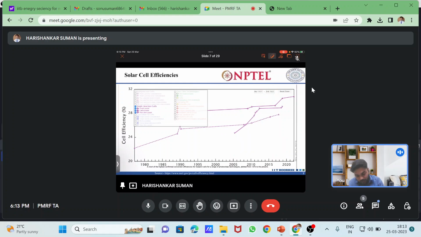Like that we can check in the NREL chart which technology has high efficiency and growth by year. This is about single junction gallium arsenide technique.